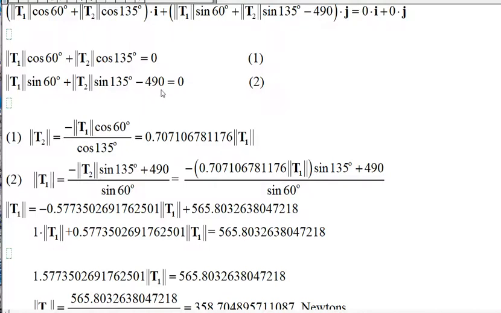And then now for equation 2, if we solve for the magnitude of t sub 1, then we get negative magnitude of t sub 2 times sine of 135 degrees plus 490, divided by sine of 60 degrees. And then in the place of magnitude of t sub 2, we replace it with this.